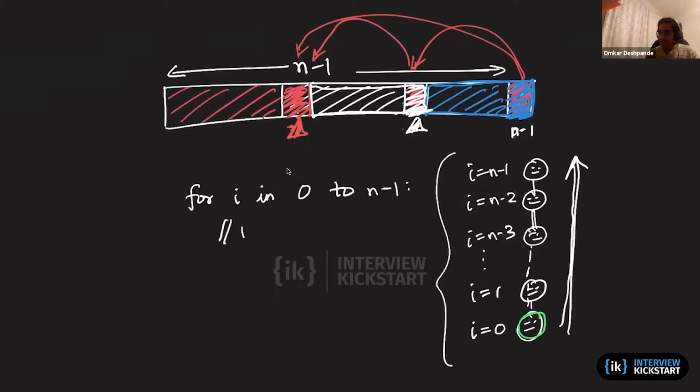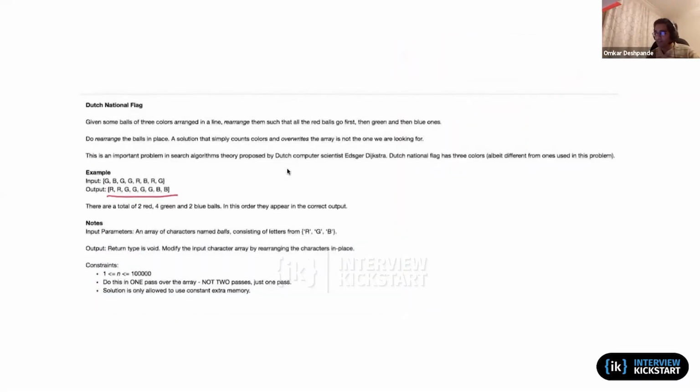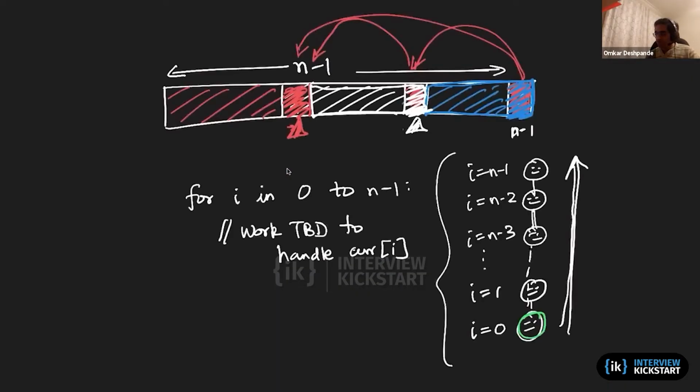The body of the for loop is describing the work to be done to handle array of i. I don't know if it's called array. It's called balls. So balls of i. Okay, so that's the structure of the code.